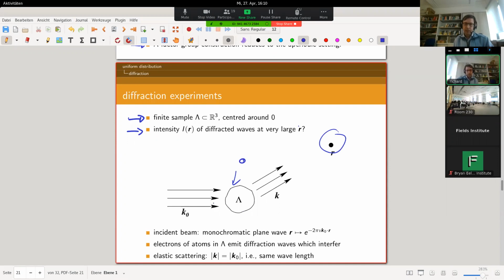And it hits the atoms of lambda, and the atoms will then emit waves which interfere in the whole space. And you're interested in the intensity at a certain position. And you assume that you have elastic scattering, so no energy is lost when doing this diffraction. The vectors have the same length.